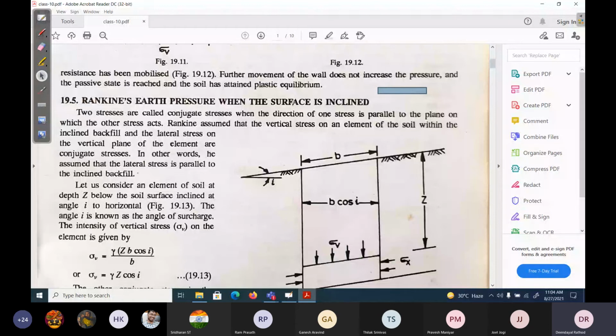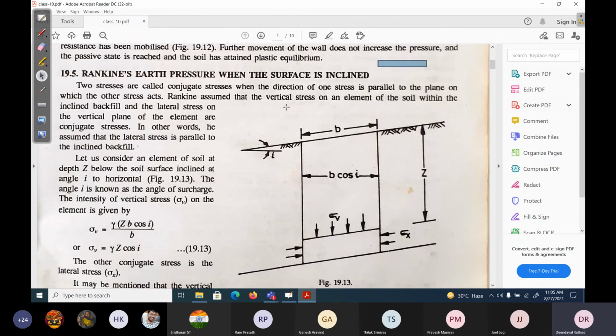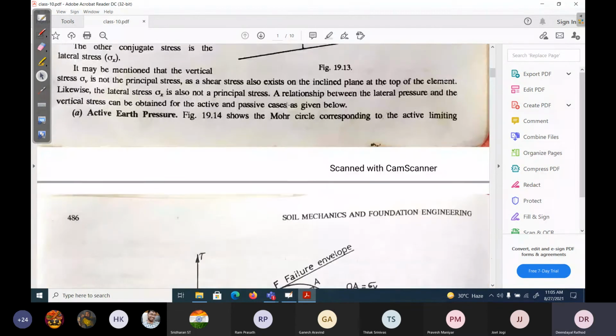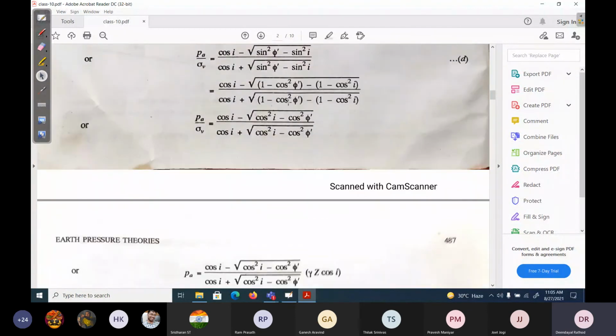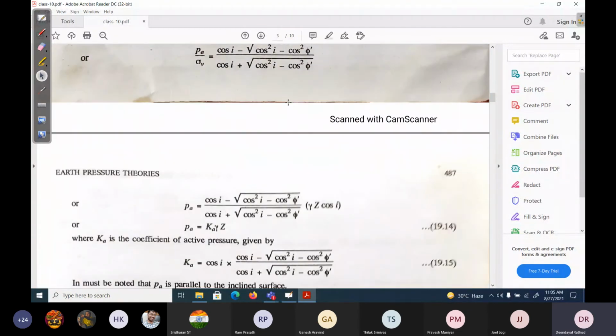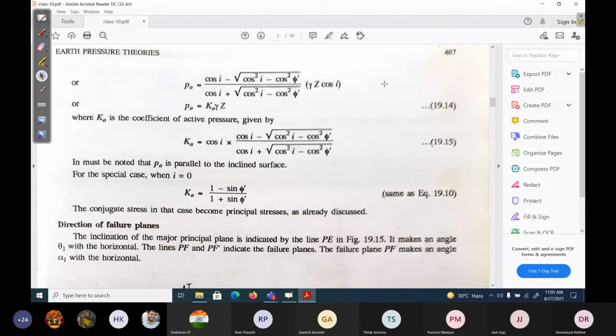This is also okay, not that much important. They may not ask in the exam, but you remember how they have done it. If the two stresses, inclined, they have done the active pressure. The only difference you see is in this particular equation. Understand? Here for the inclined case, an extra i term will come.